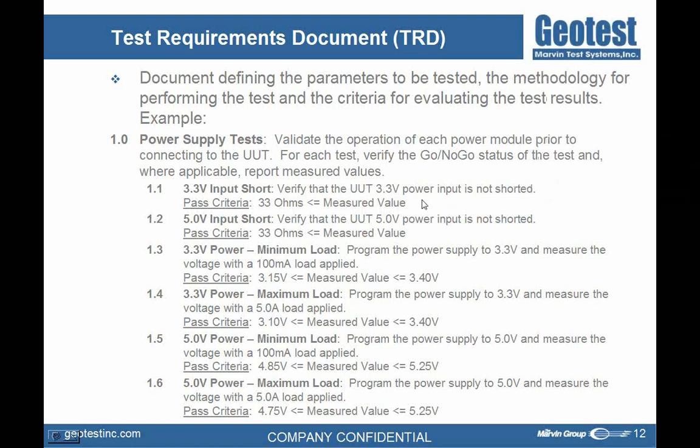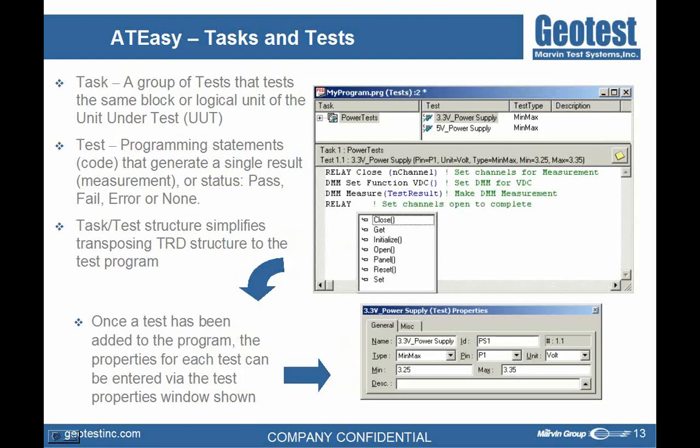Okay, so we come back to that concept of structure again. ATEasy has this concept of tasks and tests embedded within it. By definition, a task is a group of tests that test the same block or logical unit of the UUT, such as a power supply test or a memory test. An individual test is the programming statements that generate a single result, typically a measurement, which can be evaluated into a status of pass, fail, error, or in some cases no status at all.